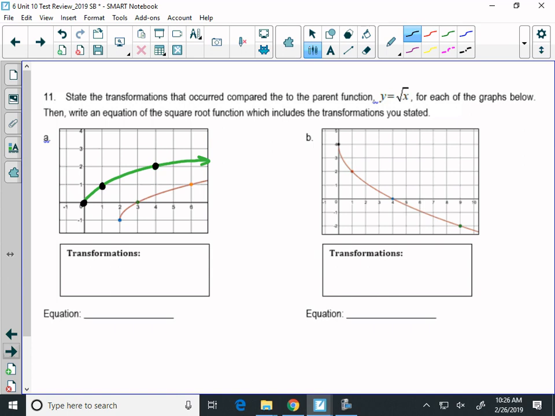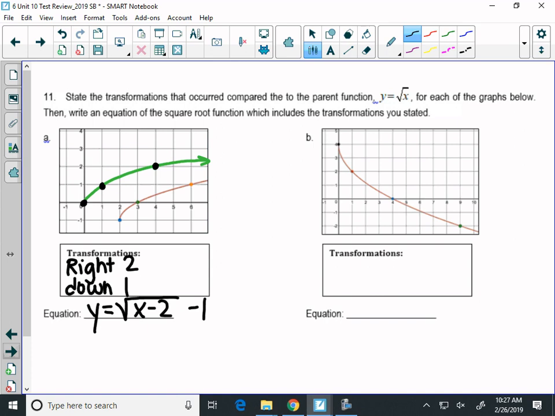All right, so this first graph, it doesn't look like we have any vertical or horizontal stretch, but we do move to the right 2 and down 1. So that looks like it's it. So when I write my equation here, moving to the right goes underneath the square root. You'll have an x. Right is minus 2. And down 1 is outside the square root. You have a minus 1.